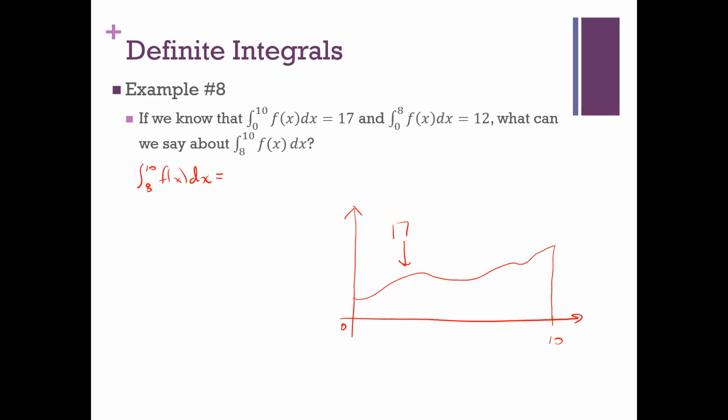So from 0 to 8, a better way to represent this. So I know this little area right here is 12, right? No, this is 12. And I know the whole thing is 17. Integral 5? Integral 5.